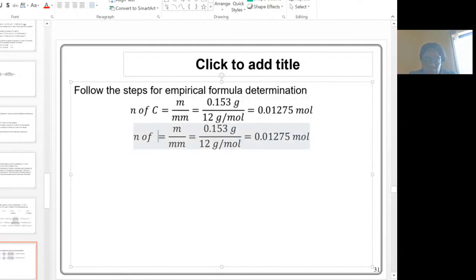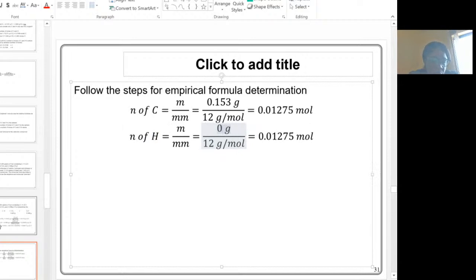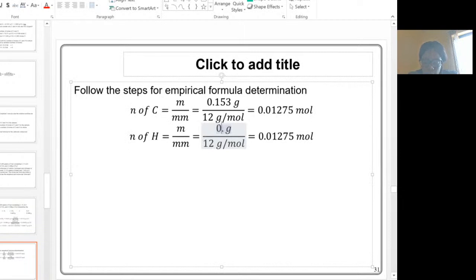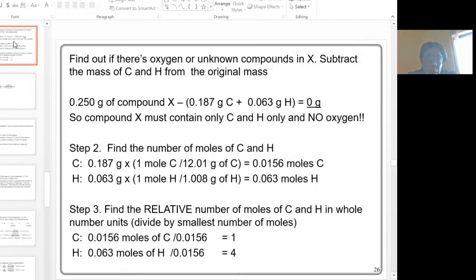We now find the moles of hydrogen. Moles of hydrogen will basically be mass over molar mass. The mass of hydrogen found is what? So we go back to the slide. It will be 0.0343 grams over the molar mass of hydrogen, which is 1.01.